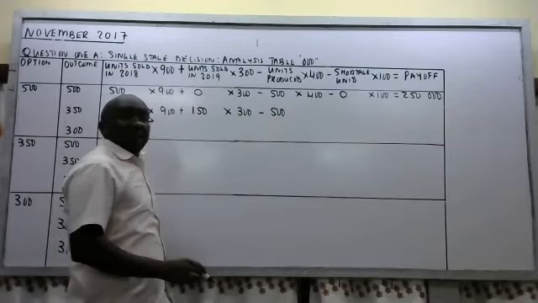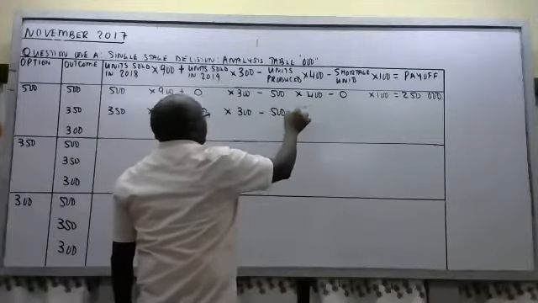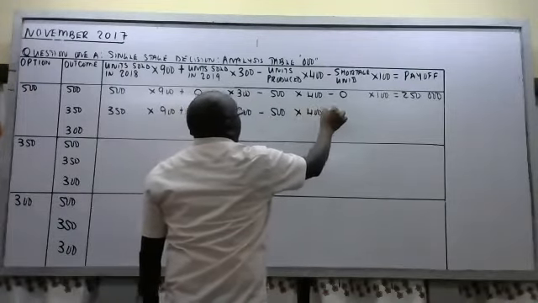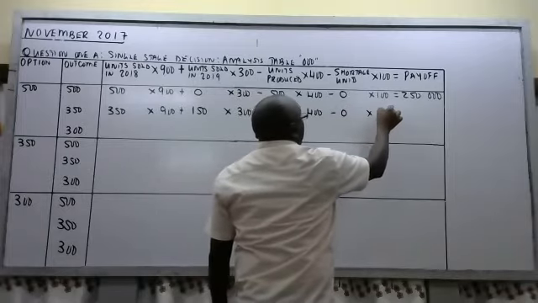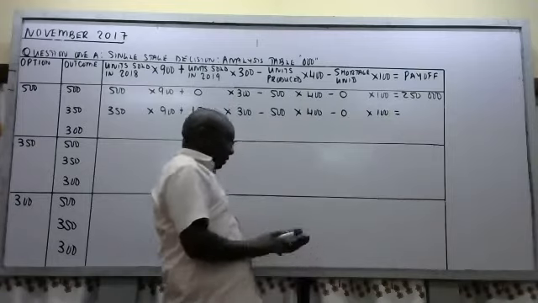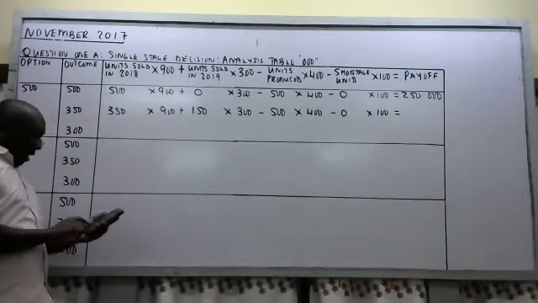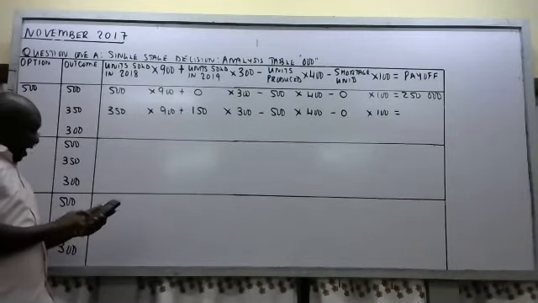We have produced 500, each at 400, and then no one has missed, so the shortage is zero at 100. So work out that and give me the figure.